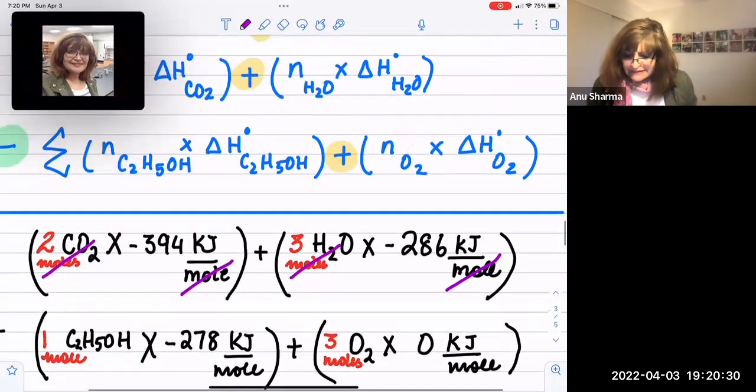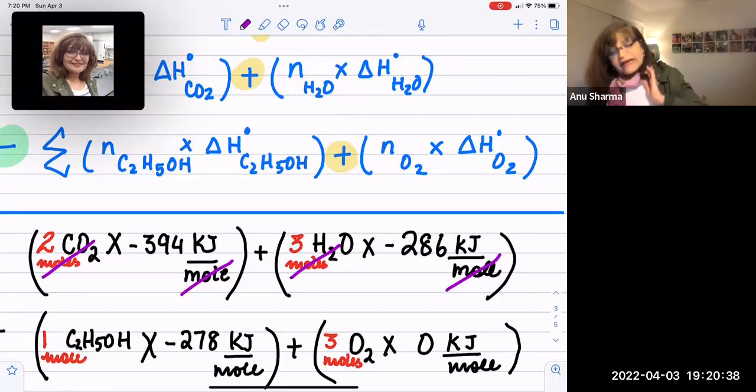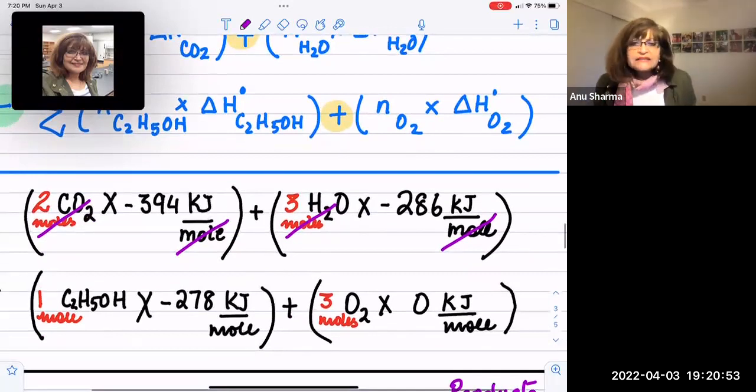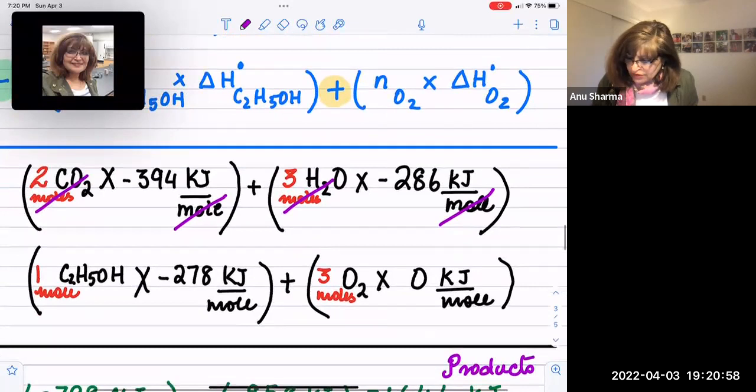Okay, next you have 1 mole of ethanol times the given value of the heat of formation of ethanol, and you add that to the 3 moles of oxygen times the delta H value. Although it's not given, it is understood that the delta H value for the heat of formation for oxygen is equal to 0. So that's what we have in the next line. When you do this, obviously this whole thing is going to become 0.